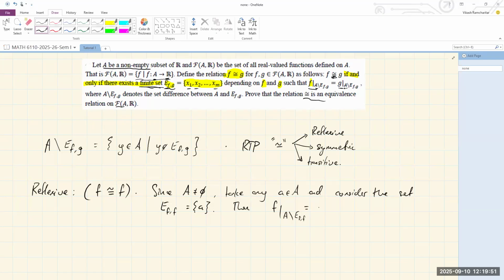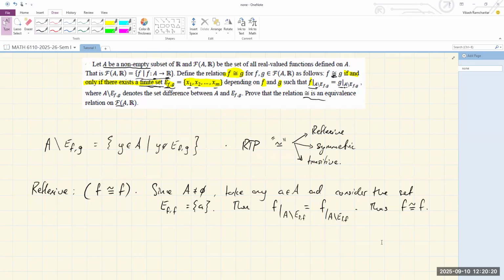So this function is obviously going to be equal to the same function, right? I didn't change anything. To the same function restricted to the same set. So thus f is related to itself. So reflexive is very easy. All we have to do is just construct a set where the function is equal to itself, and that could be any set. So that's reflexive.